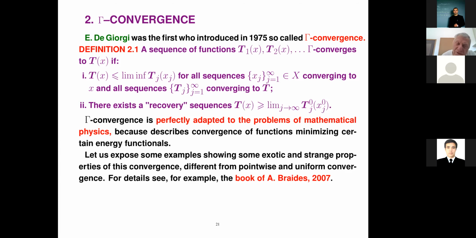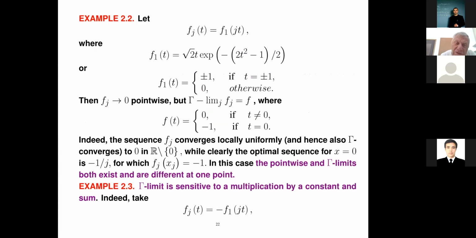You can find it in the books, of course, but I listed here some properties and some examples proving that the gamma convergence is totally different from the pointwise convergence. Sometimes we have gamma convergence and do not have pointwise convergence.